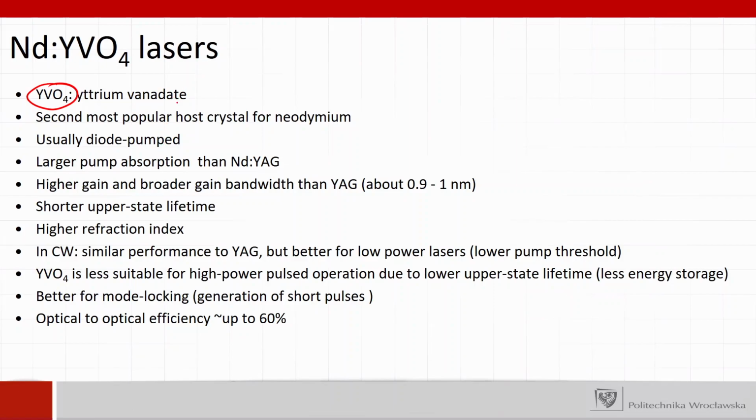What is the difference between EVO and YAG is that EVO will have a slightly larger pump absorption, and it is a little bit better for pulse operation, but maybe a bit worse for high power lasers because of the shorter upper state lifetime.